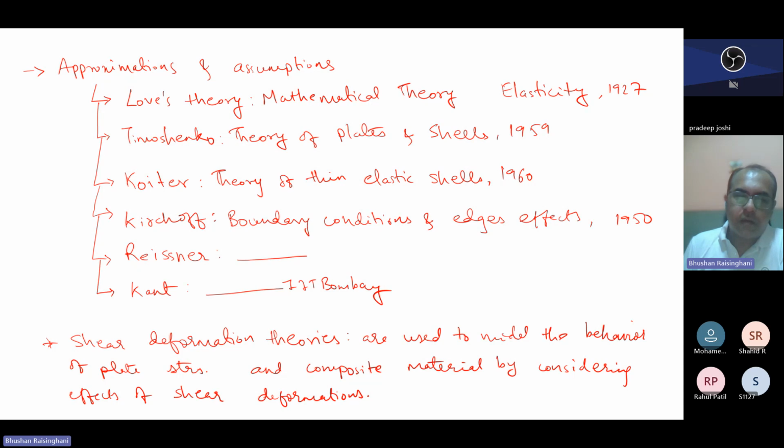In cases where you cannot avoid shear deformation, you use the shear deformation theories, and your search word in Google should be shear deformation theories.